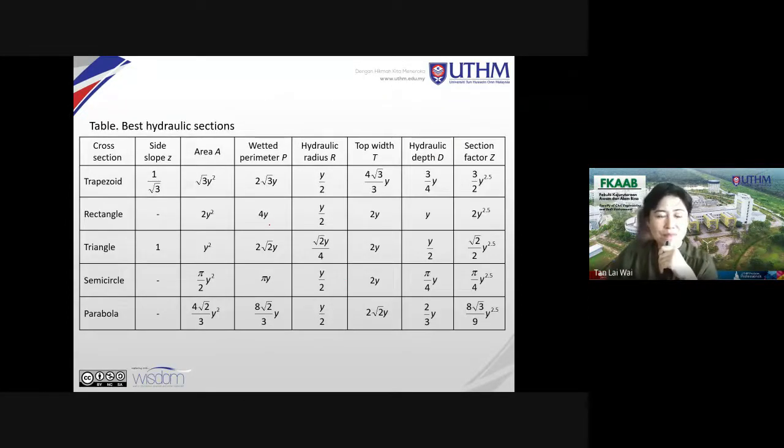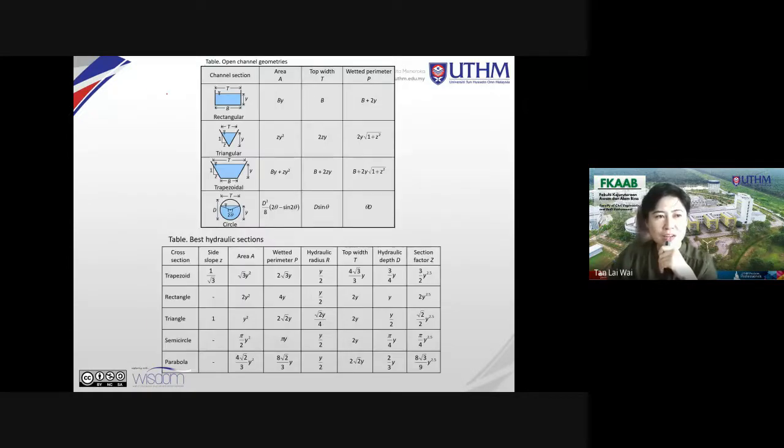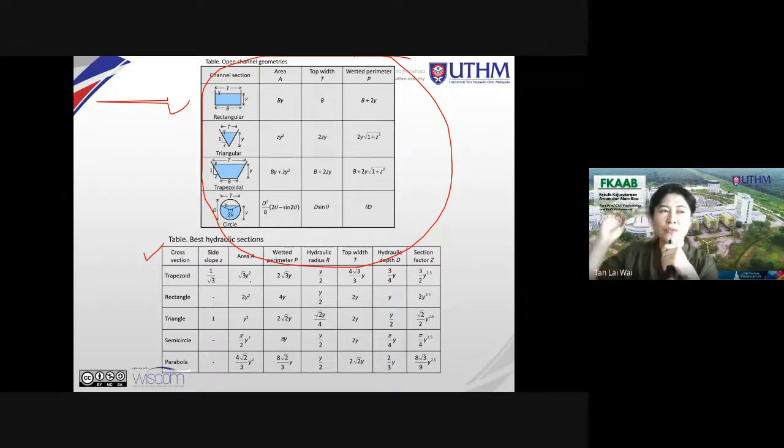Now, remember in chapter 1, we learned about this table. This is the common formula to get flow area, top width, wetted perimeter, and so on for this section. However, today, the formula that we learn is when we set dP/dy equals to 0. That means the formula for best hydraulic section.